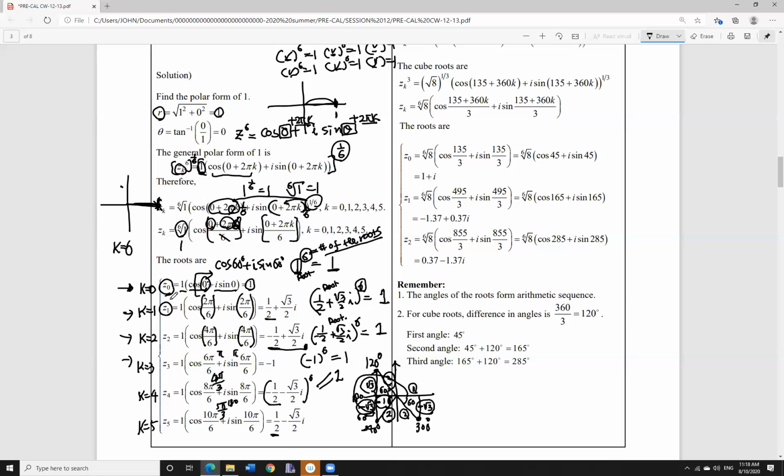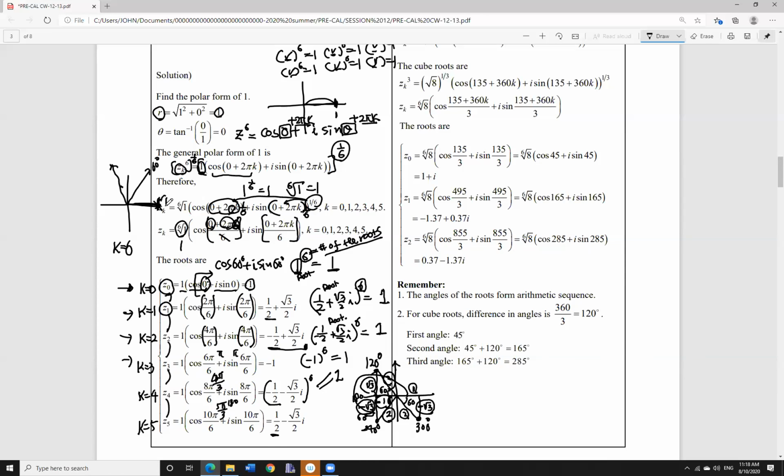Between each root is the same angle. So for 360, there are 6. So how many degrees is each angle? 360 divided by 6 is 60 degrees between the roots. 60 degrees over here. The second root over here, 60. Another 60 is 120. That's the third root.